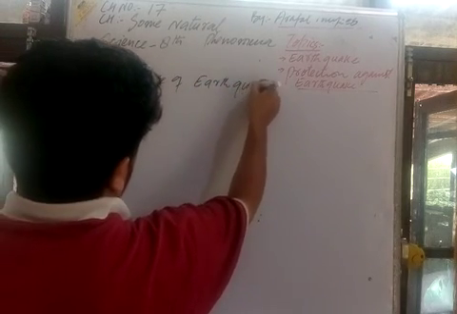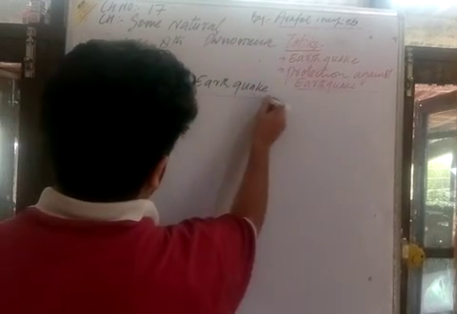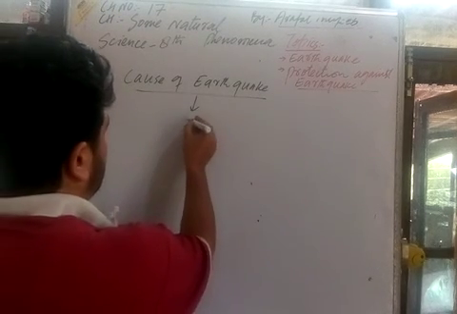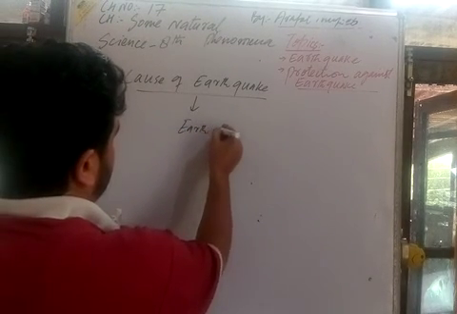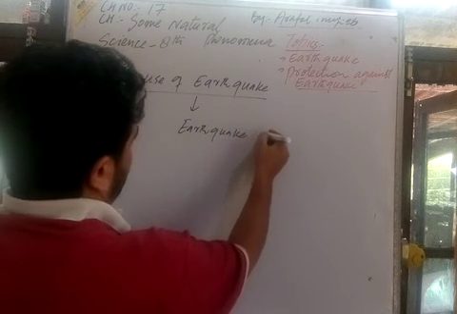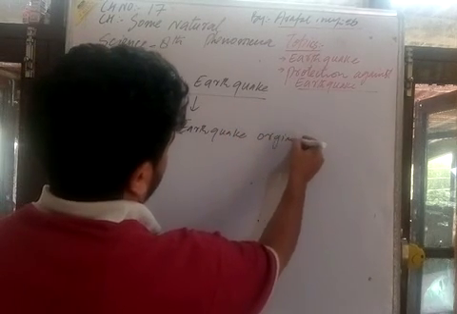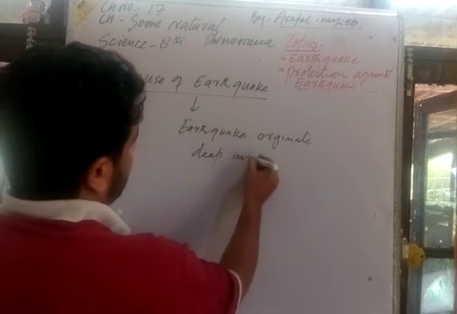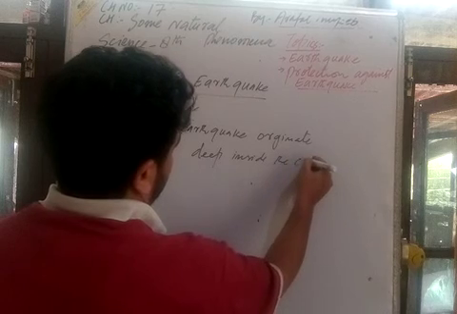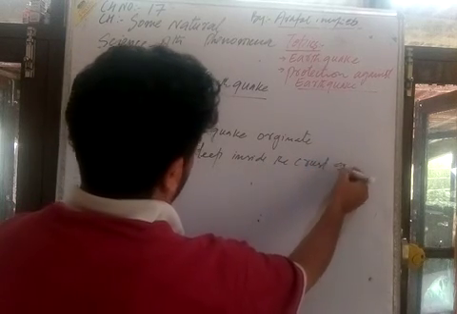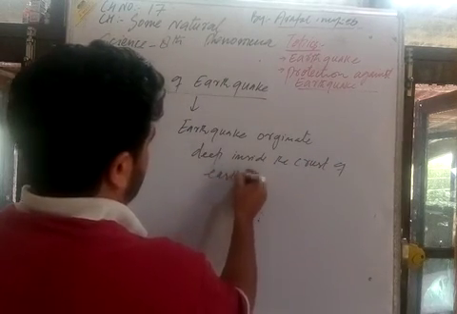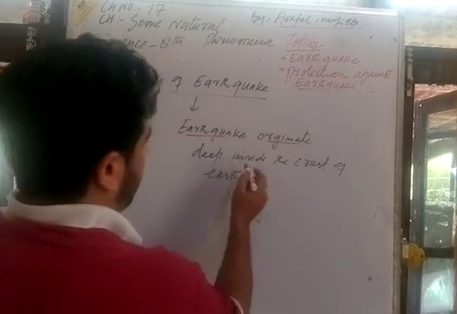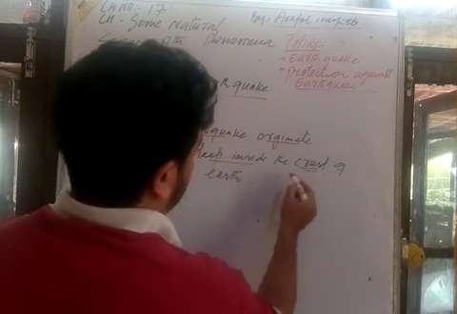इसका क्या cause रहता है? Cause हमने ये देखा, इसमें जो earthquake है, earthquake ये originate होता है, originate deep inside the crust of earth. इसका आगाज होता है deep inside crust part of the earth.